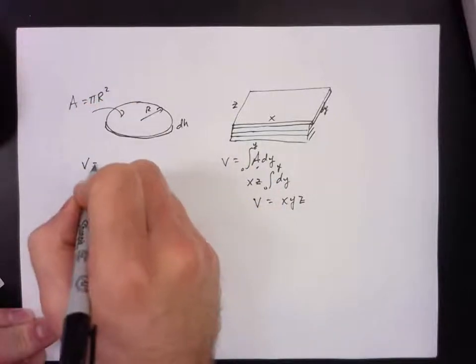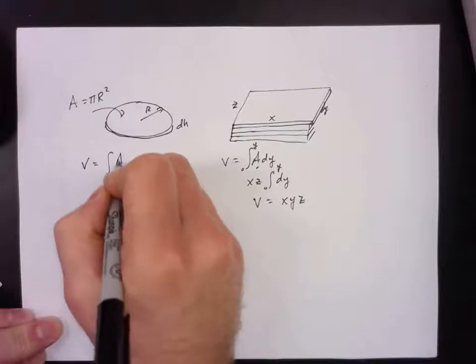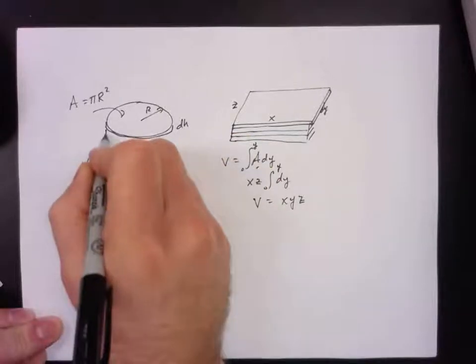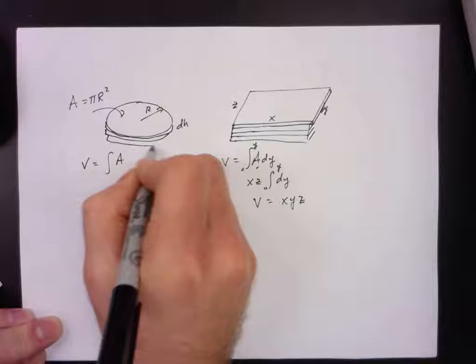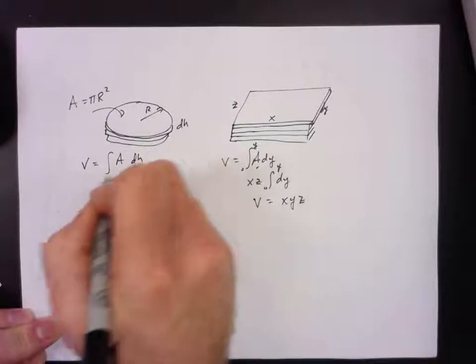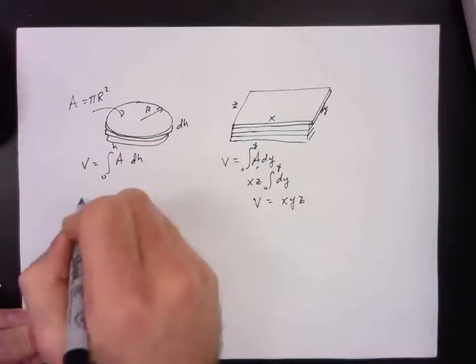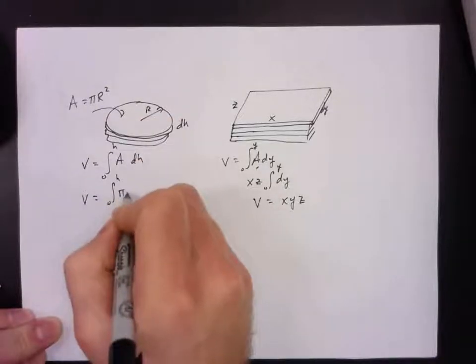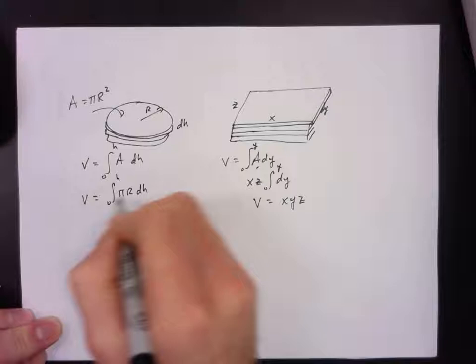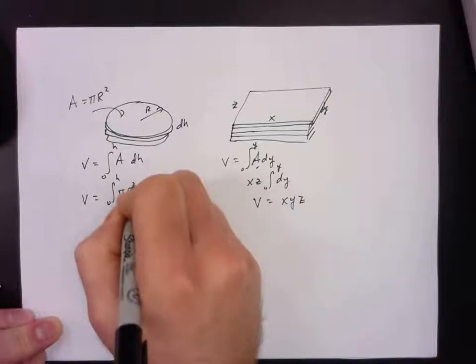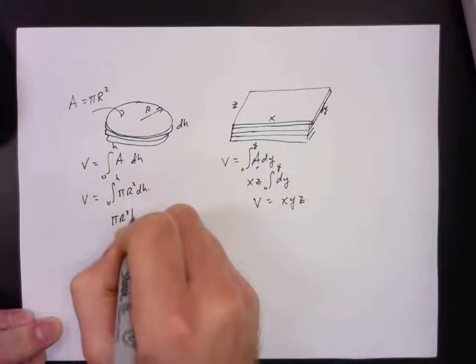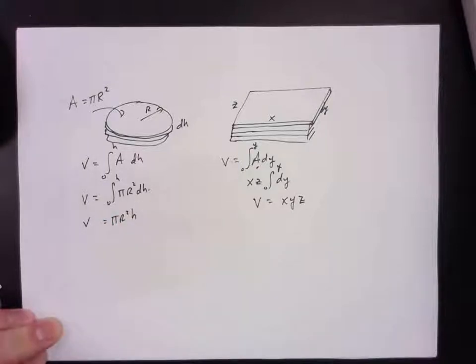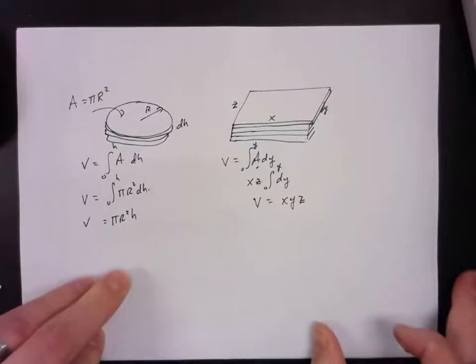So if we wanted to figure out the volume, we'd integrate the area, and if we stacked a bunch of plates on top of each other from 0 to h, we would end up with the integral of pi r squared dh. You get pi r squared times h, which is the volume of a cylinder.